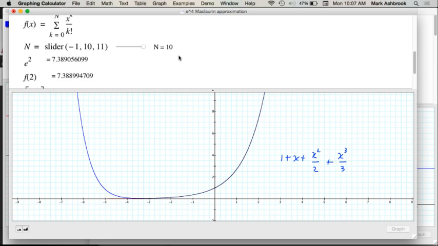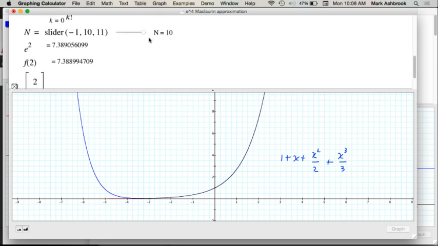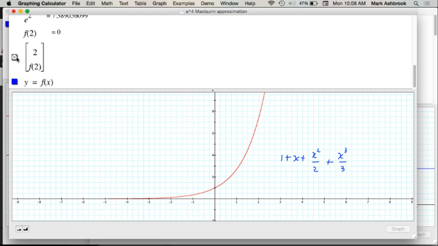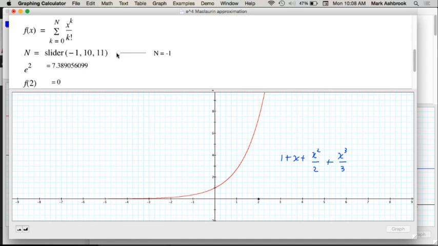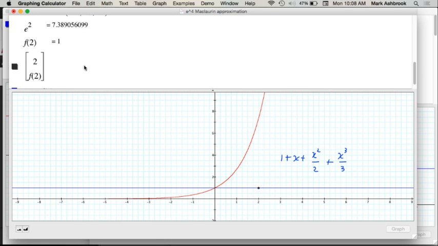But what about e squared? Let's go back and look at e squared. I'm going to plot a point on the approximation, and let's plot e squared too.